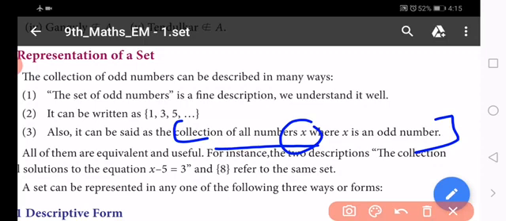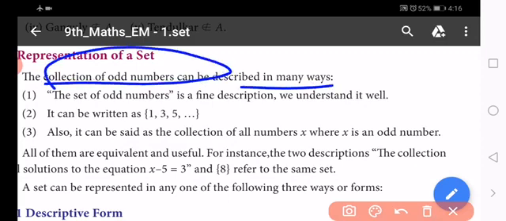We take all the objects in the set and call them x. And what is x? Where x is an odd number. So we say all numbers as x, and then we tell what x is: x is an odd number.